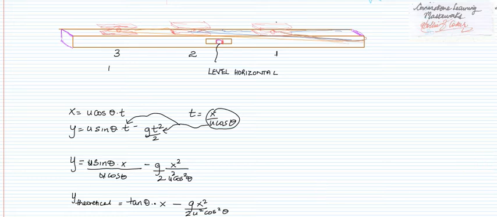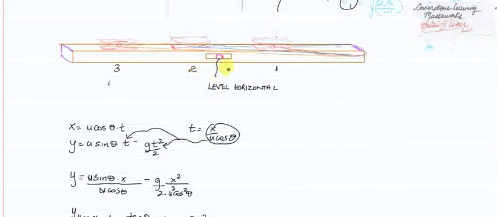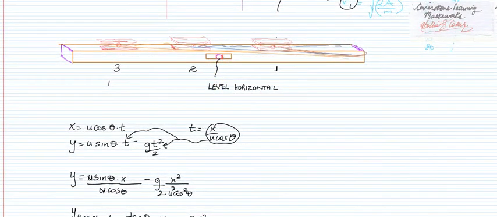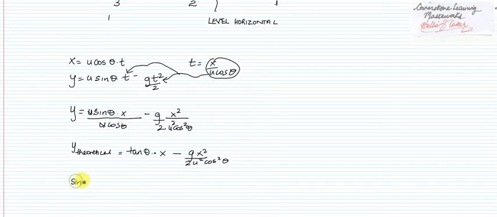Now we said our angle of projection, we're going to make sure it's always level, is going to be 0. So you have to write that therefore, since theta is equal to 0, tan theta is 0, and cos theta is equal to 1.